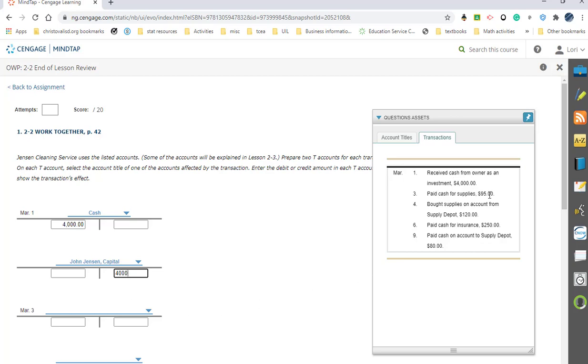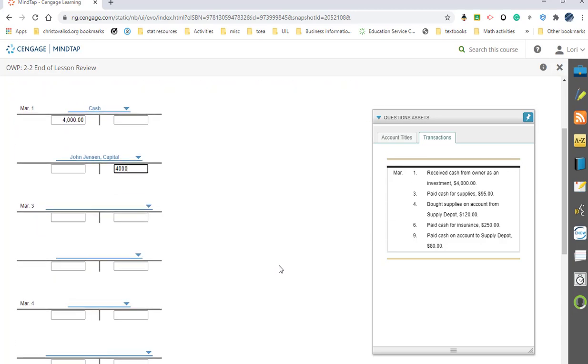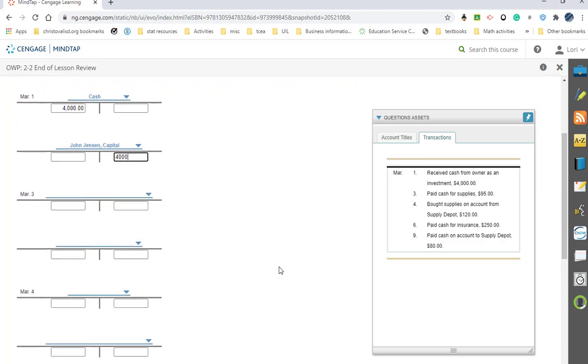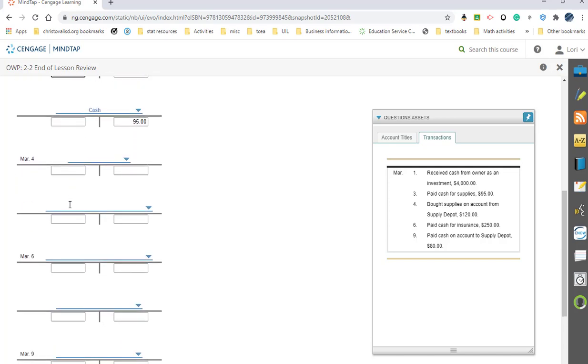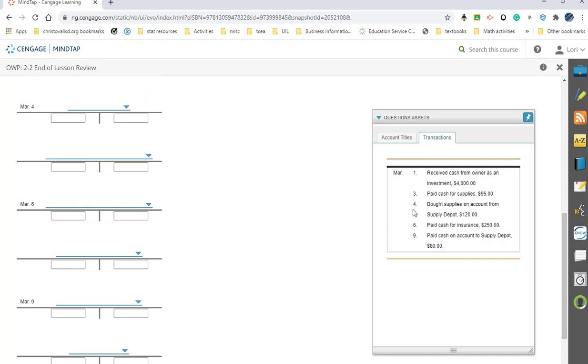Next, we bought supplies for $95. As I always say, I look for the cash. Where's the cash flowing? Cash is leaving, so that means it's a credit, for $95, and it went to supplies. Supplies is the account we receive it in, and it is $95. Let's look at March 4th.